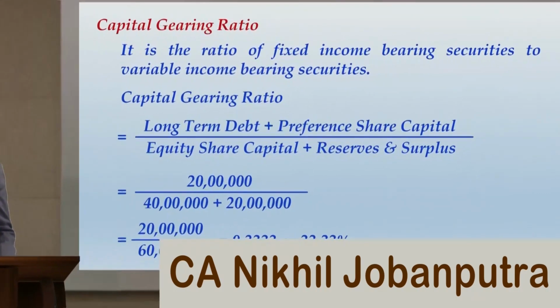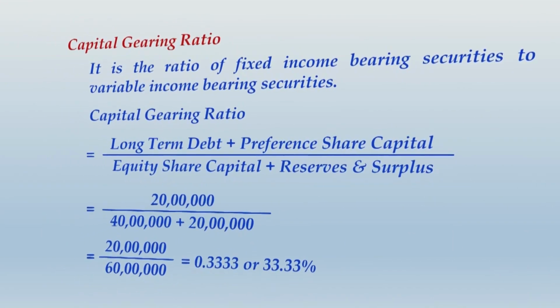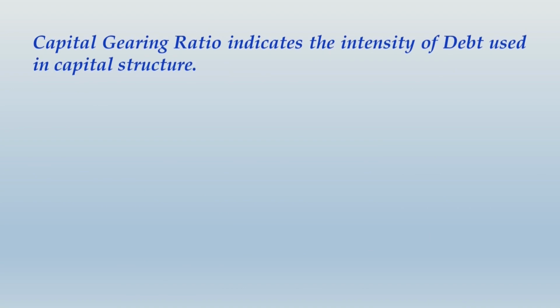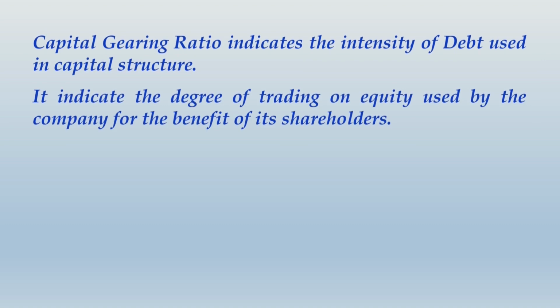After understanding this capital gearing ratio, the next thing that we would want to discuss is something more about the capital gearing ratio. If I give you in writing, the capital gearing ratio indicates the intensity of debt used in the capital structure. It indicates the degree of trading on equity used by the company for the benefit of its shareholders.